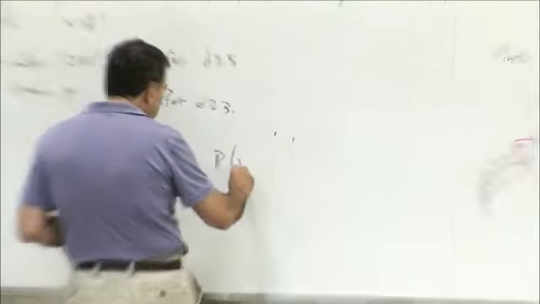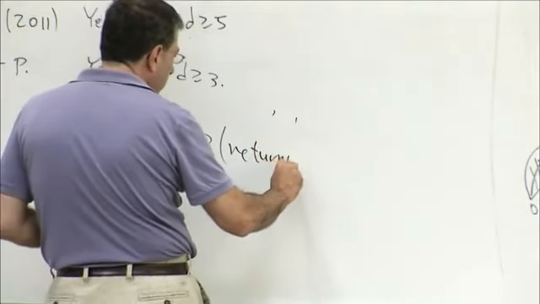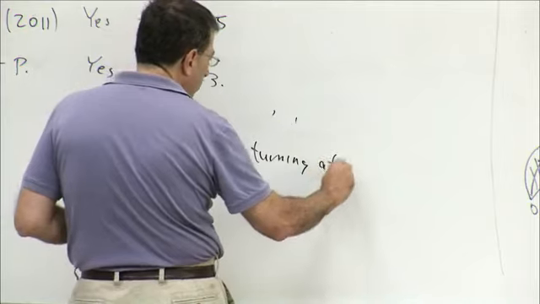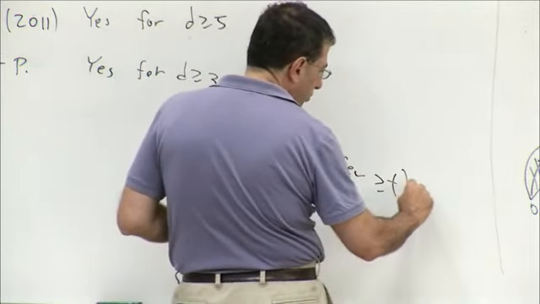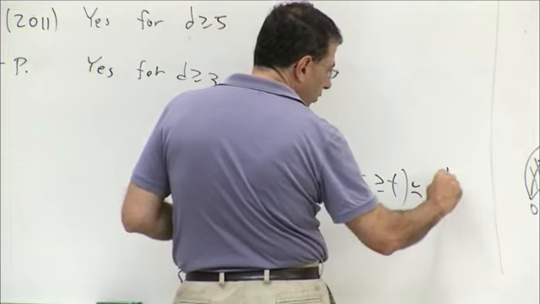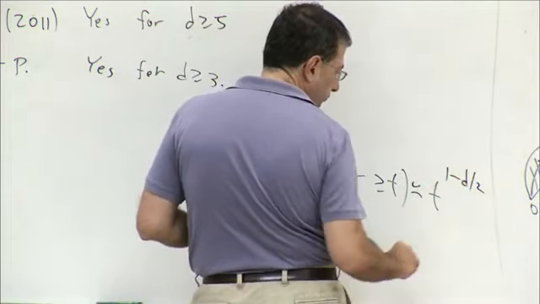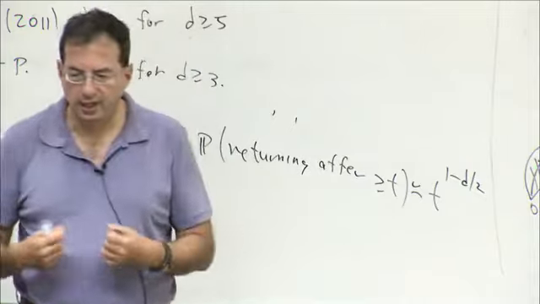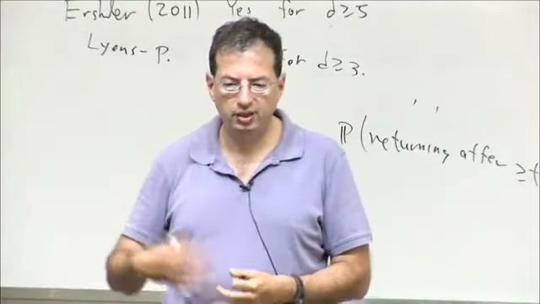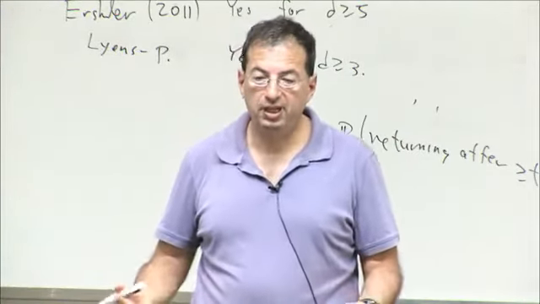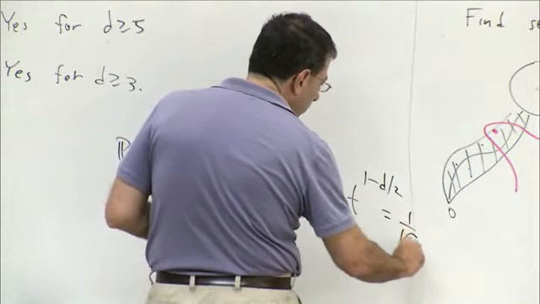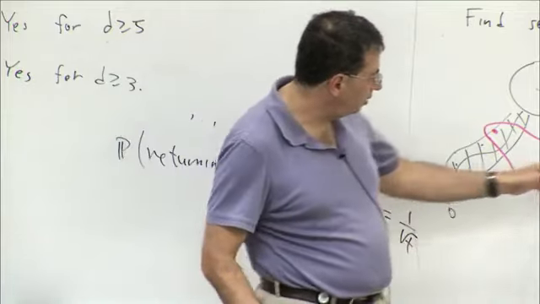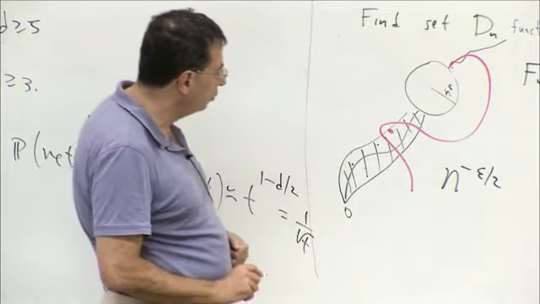So the probability of returning to a vertex after more than t steps is about t to the 1 minus d over 2. If I want exactly t, I get t to the minus d over 2. If I want more than t, I get t to the 1 minus d over 2. Take d equals 3, so this would be 1 over root t. And that's the source of this n to the minus epsilon over 2.